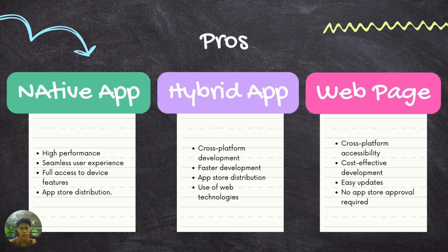It is also a cost-effective development, meaning that it costs less to maintain a web page than a mobile app. It is also easy to update and no App Store approval is required, meaning that we don't have to download the content in our phone, so we can save our storage because we can just surf the web through the internet.